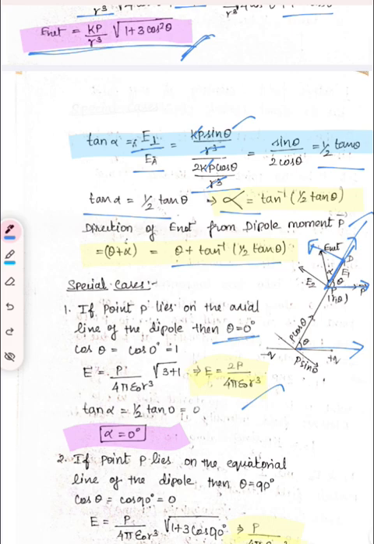And the angle between the electric field intensity and the dipole moment, that is alpha, equals 0 degree. And when we substitute theta equal to 90 degree, that is if we want to find the electric field intensity at the equatorial line, we get p divided by 4 pi epsilon naught r cube, and the resultant electric field is at 90 degree with the dipole moment direction.